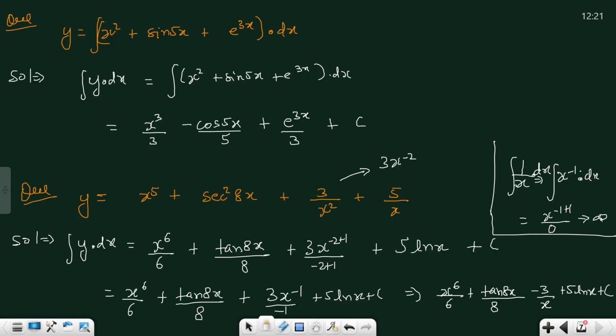You can't integrate it like that. y is equals to x to the power n लिखा था ना, so you have to make all those terms in the same form.